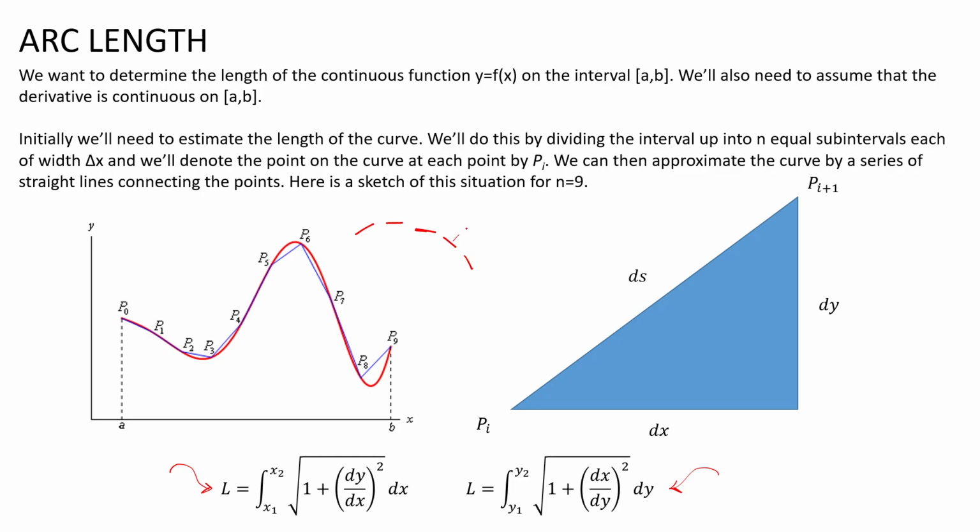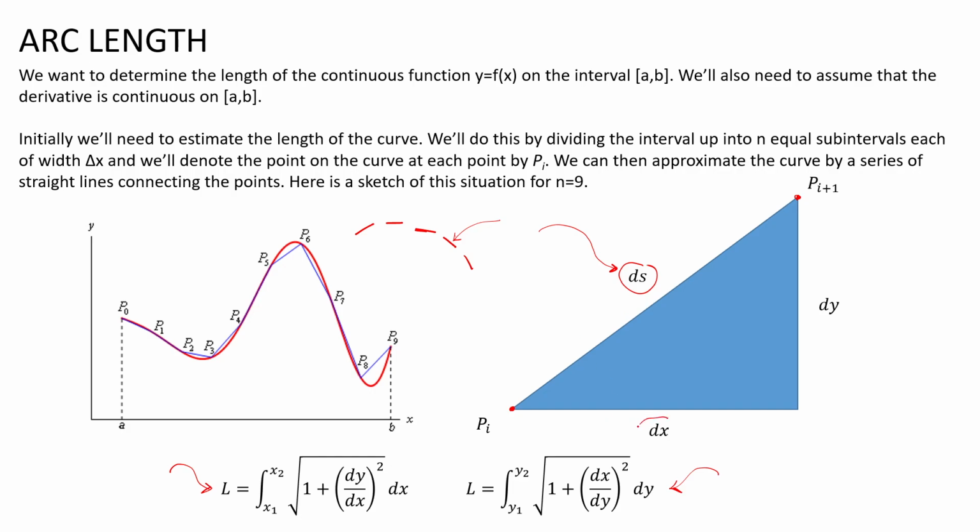If you analyze one line segment, this will become your differential segment. That's why, as you can see on the right figure, it's ds. This one is from the first point to the second point of your differential line segment. With this line, we can create a right triangle.